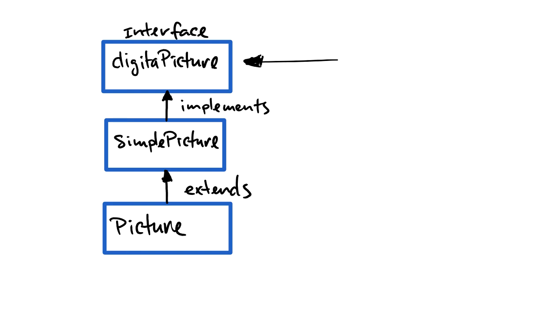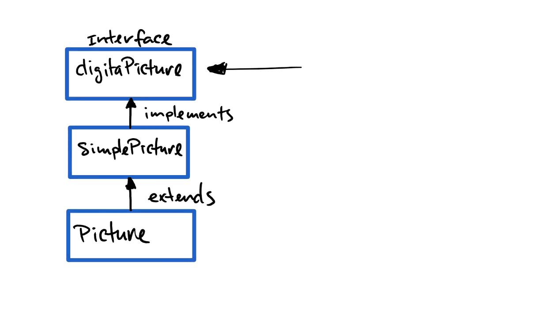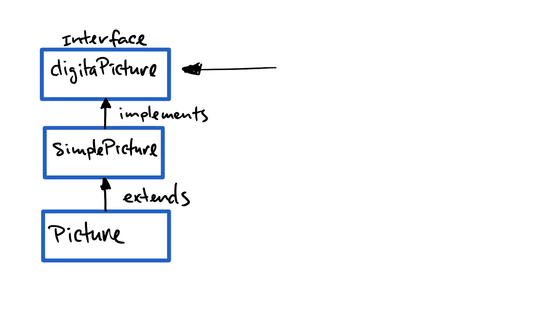Because an interface doesn't have any actual methods in it, it's not something that's meant to be instantiated. We never create an instance of a digital picture. It just can't happen because there's nothing there. All it does is specify what specific methods need to be included in any class that implements it.